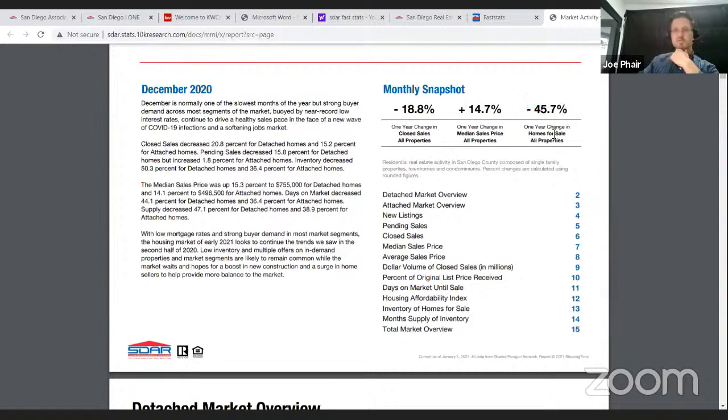That means the number of homes available for the buyer that you're working with to purchase from is down by almost half. So what happened was, once the shutdown happened in March and we went into the pandemic, a lot of people got really nervous about putting their home on the market. They were like, I don't want random people coming through my home.